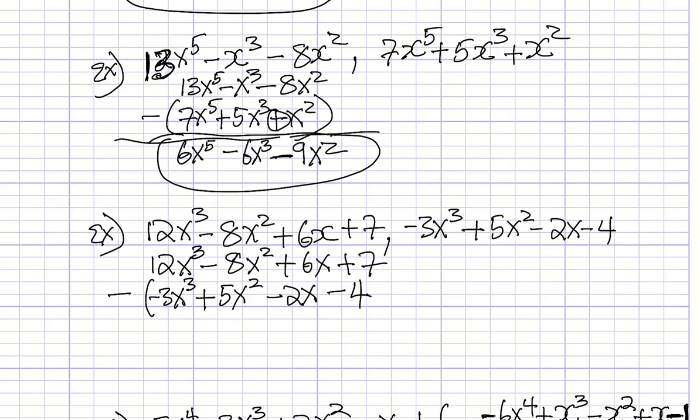You know what we could do? Another thing you could do, after you line it up like that, is push the sign inside first, if that helps you, because you're subtracting.